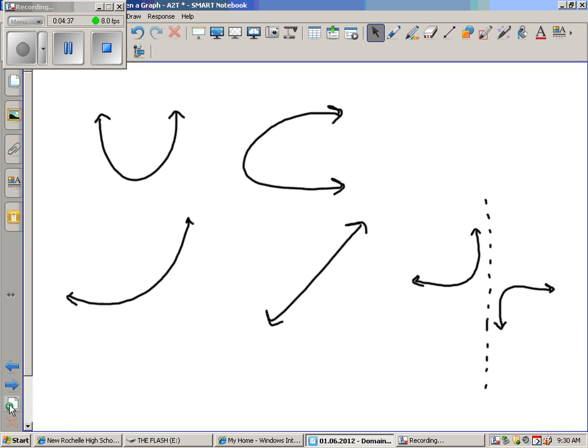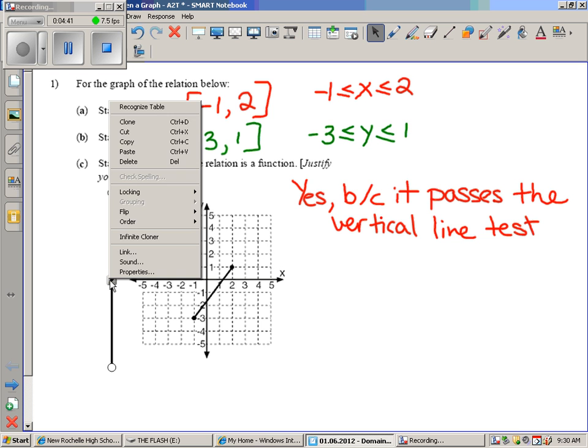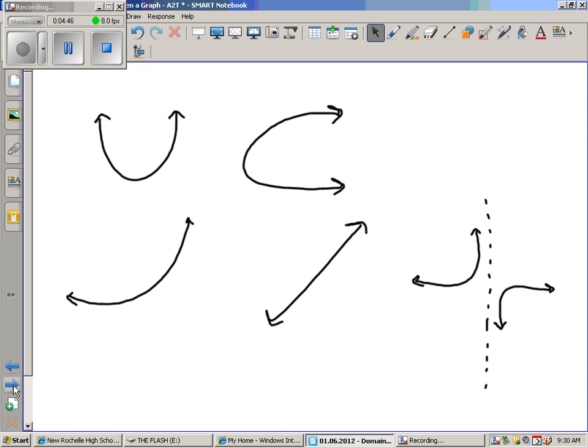Now let's talk about our vertical lines again. Okay, there's my line. Now let's talk for a minute. Functions. Is this a function? Yes. It is a function. How about this one? Is this a function?